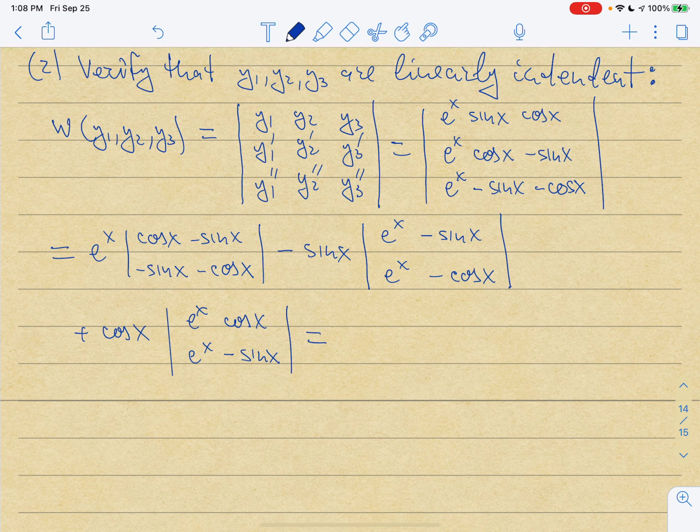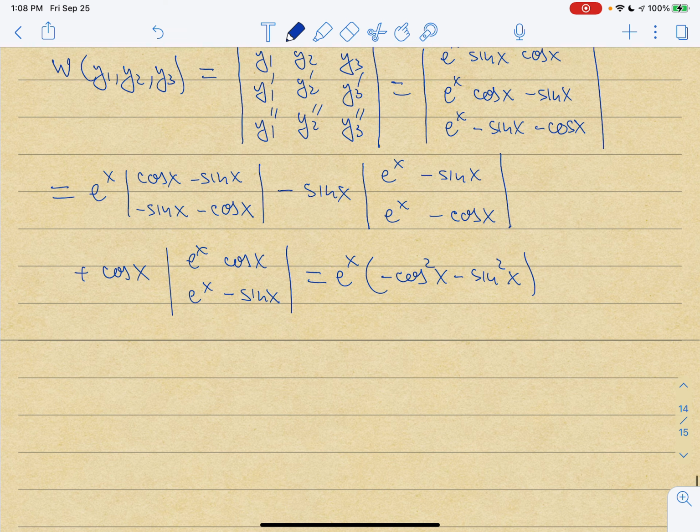And so now we're ready to compute the determinant. So we have e to the x, then cosine x times minus cosine of x minus cosine square of x minus product of minus sine with itself. Minus sine times minus sine is sine square, because it's a secondary diagonal. I'm going to subtract this number, so minus sine square of x.